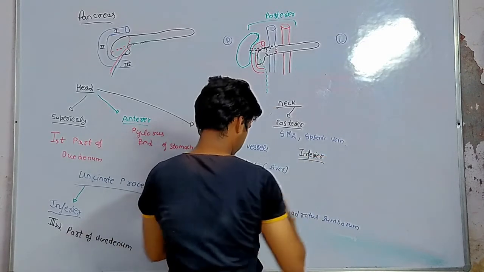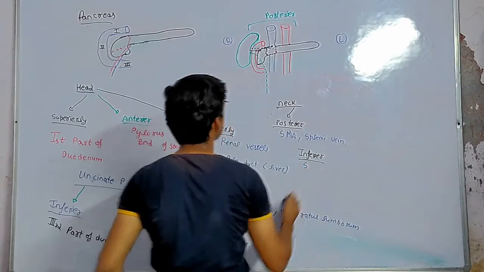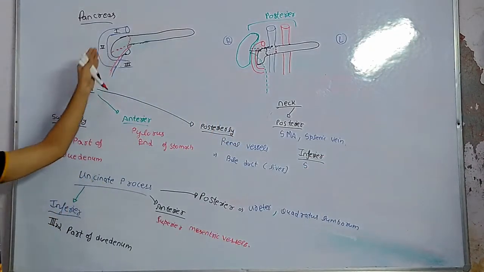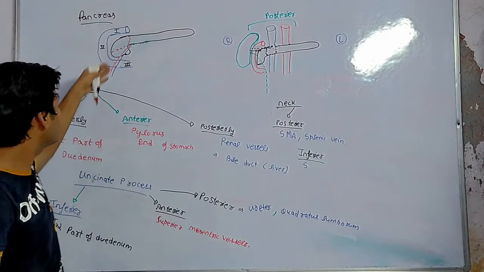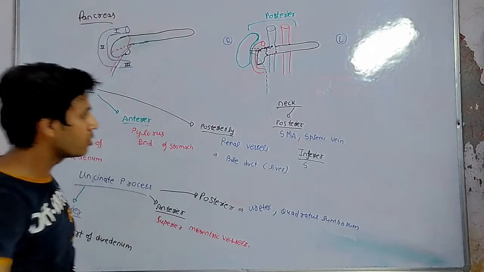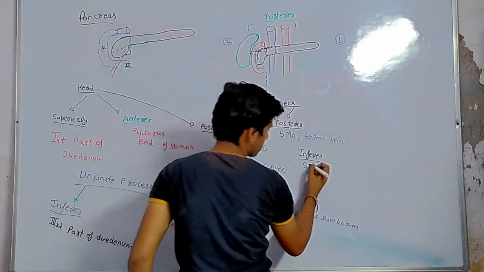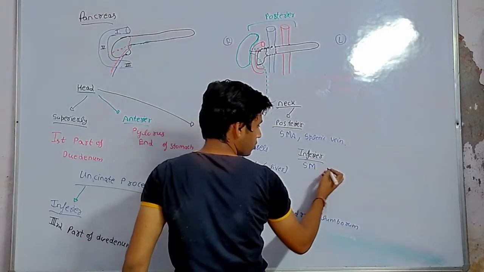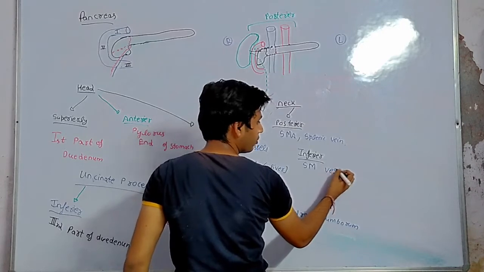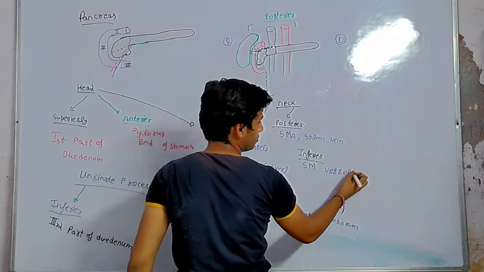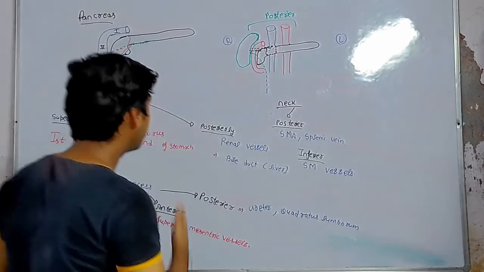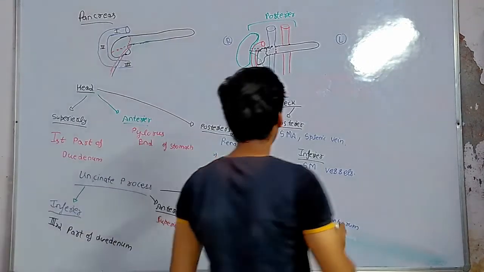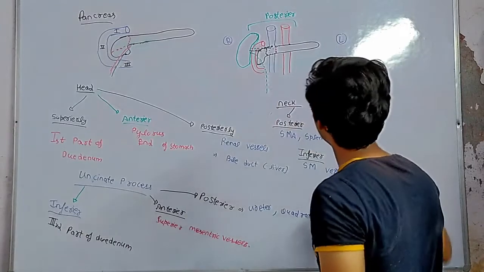Inferiorly we have the superior mesenteric vessels, because the superior mesenteric vessels come in anterior relation to the uncinate process, but now they go behind the neck, so they are in the inferior relations. These are the superior mesenteric vessels.